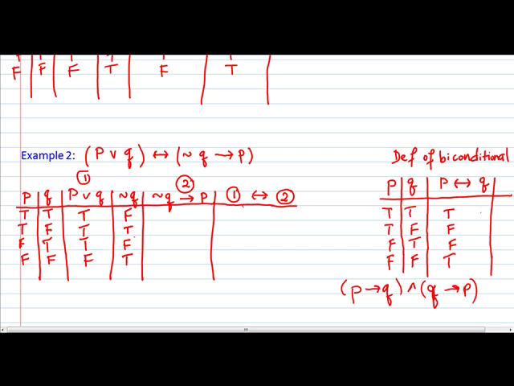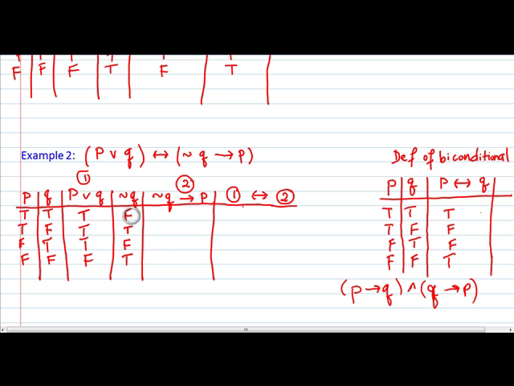Now the next column I have is not Q. If not Q, then P. So we take this column and we join it with this column by the conditional.